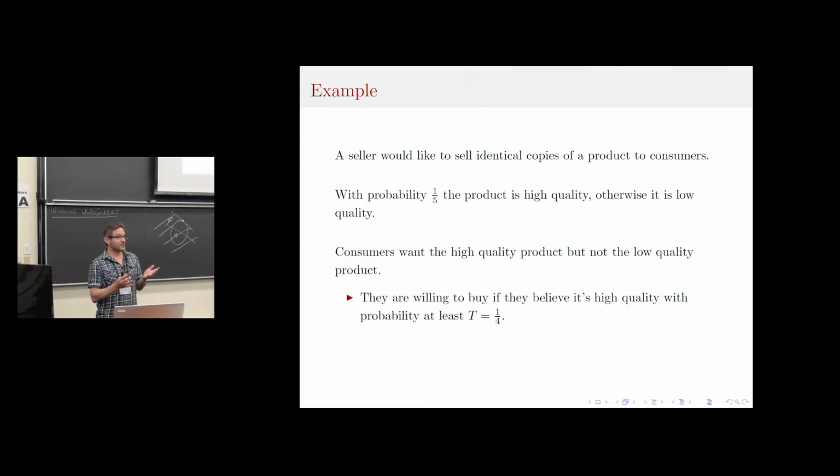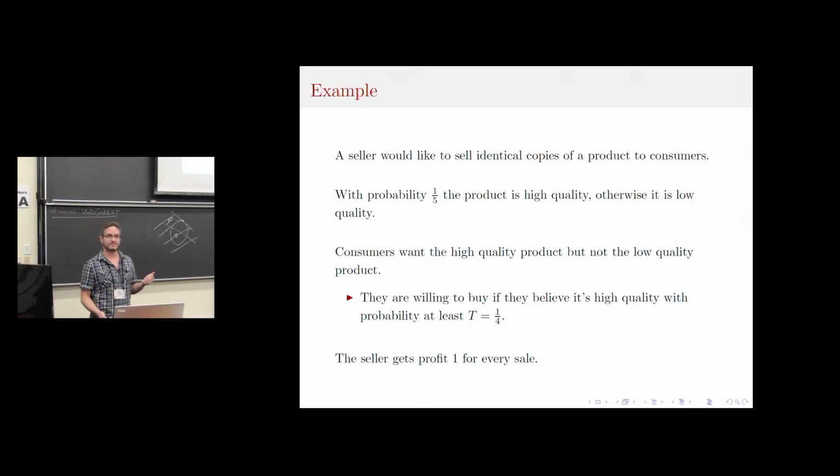We have these consumers who are interested in the product when it's high quality. They get positive utility. They don't have to know for sure whether it's high or low quality. Let's just suppose that they're willing to take the chance and buy the product as long as they believe that it's high quality with probability at least 1/4. And the seller wants to sell as many copies of the product as possible, and gets a utility of 1 whenever he makes a sale.